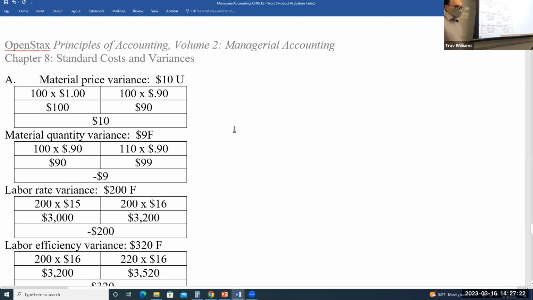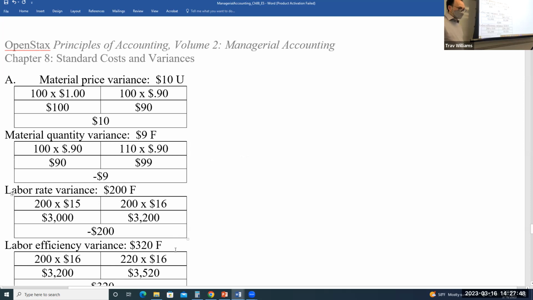Okay, so in this case, again, the labor is all the same. Because of the different standard price, I had to change some of the numbers here. And we ended up with a $10 unfavorable price variance for materials. We're still favorable for materials quantity variance, but this time it's $9.